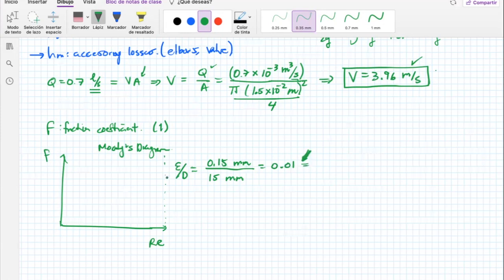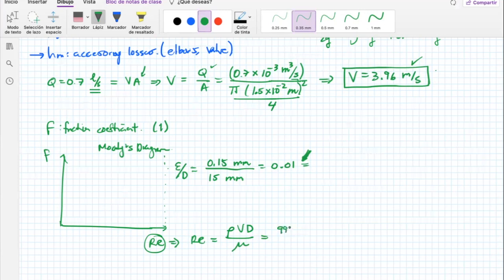So now you have this value, but you still don't know the Reynolds number. Maybe you know that the Reynolds number can be calculated as density, velocity, diameter, divided by dynamic viscosity. You have everything you need in order to get it.